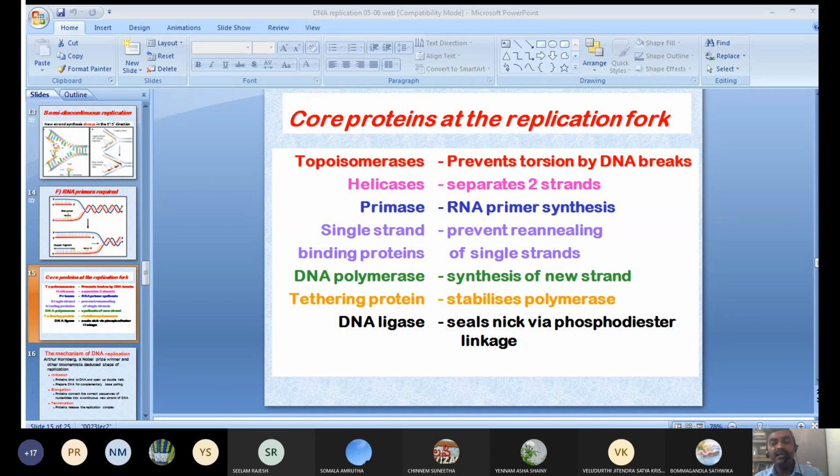The cells will have these endonucleases and exonucleases, and these enzymes may cleave the single stranded DNA molecule. That's why, in order to prevent the cleavage of the single stranded DNA molecule in the nucleus by the nucleases, the single stranded binding proteins will go and bind to it.